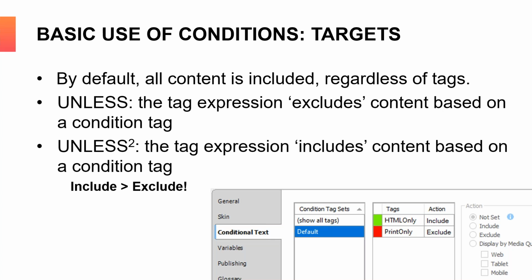But I'll give you some examples later on where you have content that has maybe 2 condition tags or 3 condition tags out of a condition tag set of 6 or 7 conditions. And then it's important to realize that if you exclude a certain tag, everything with that tag will be excluded. Also content that should be included based on another tag. And that's when you need this include action, okay? Let me go back to my project and show you live.